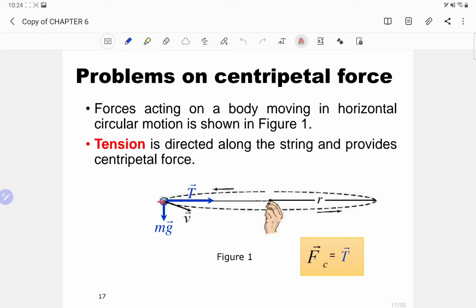So if we draw the FBD for the pendulum, the tension is in the direction towards the center of the circle, which means that the summation of Fx is equal to Fc, and the force acting along the x-axis is tension. So Fc equals T.